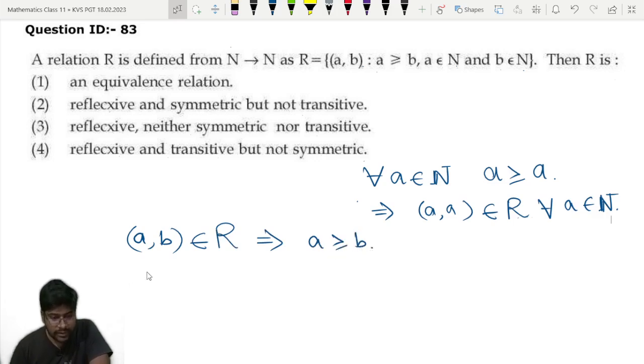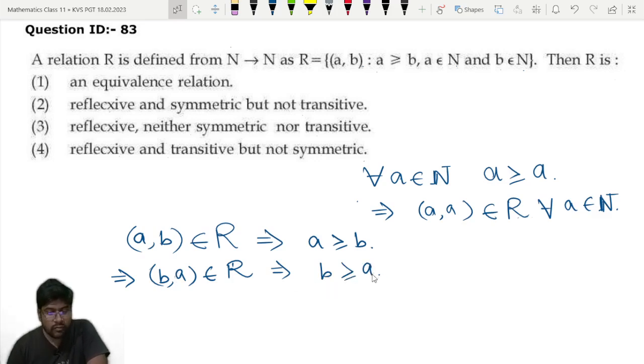Now that will imply that (b, a) will also belong to R, that means b must be greater than or equal to a. Now when will this condition be satisfied? If a is greater than or equal to b as well as b is greater than or equal to a, then we know a is equal to b. So this relation is not symmetric.